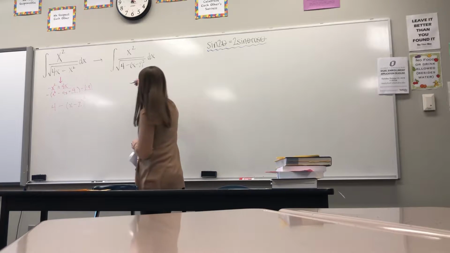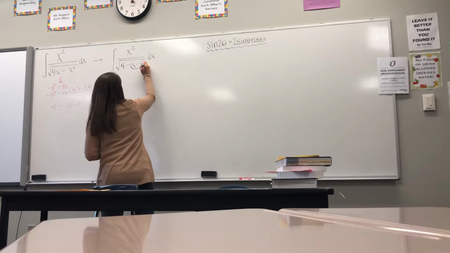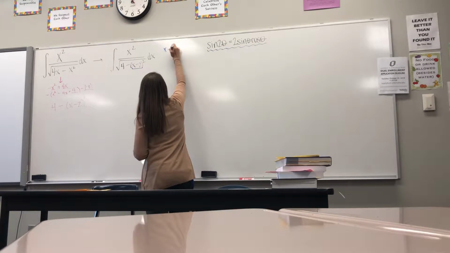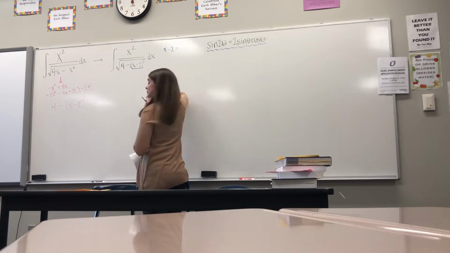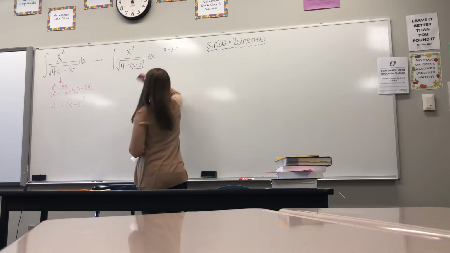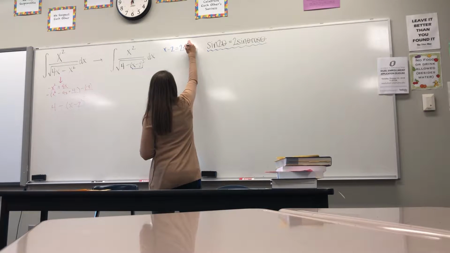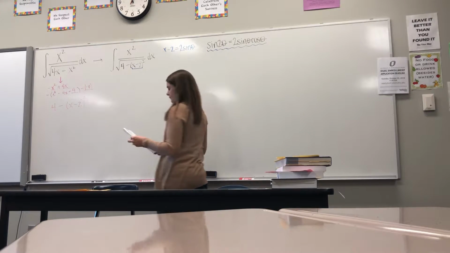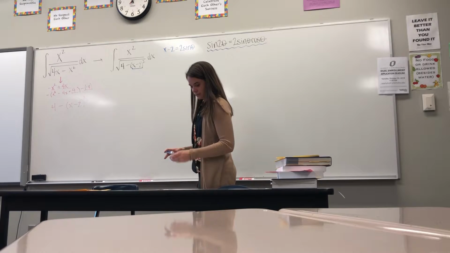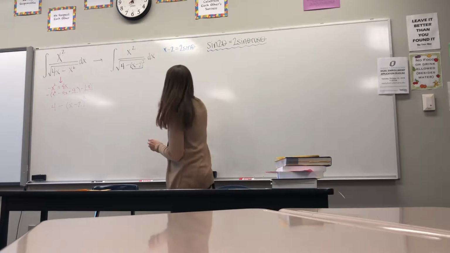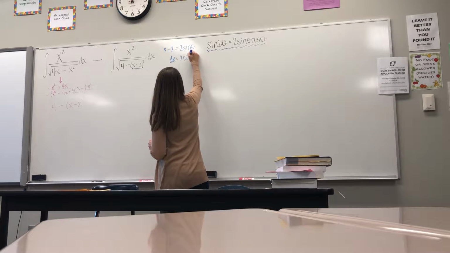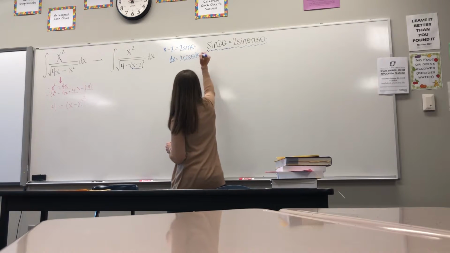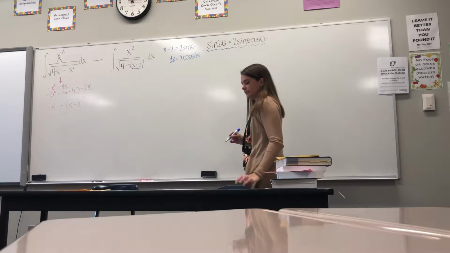U equals x minus 2. So x minus 2 equals 2 sine theta, and so dx equals 2 cosine of theta d theta.